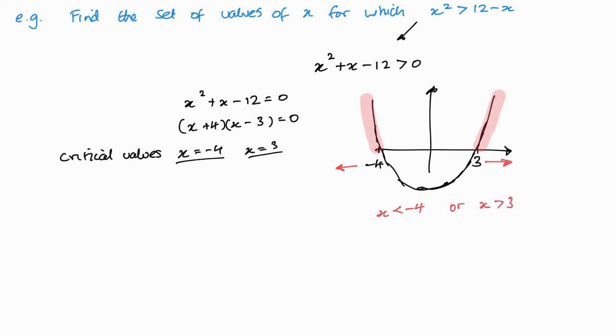I don't want to put these together as they are not one region, they are two separate regions. So this is how you should be writing your answer. Obviously, if the question had a greater than or equal to, then that would be reflected in my answer as well. Now, as set notation, this could be written as this.